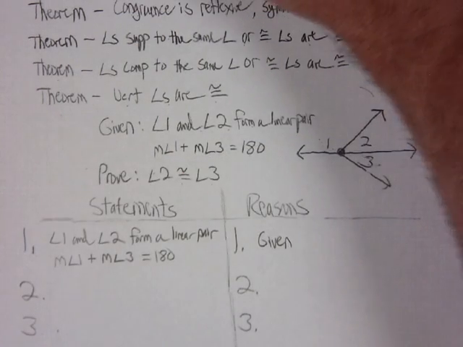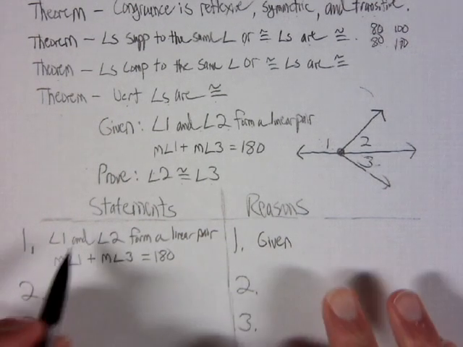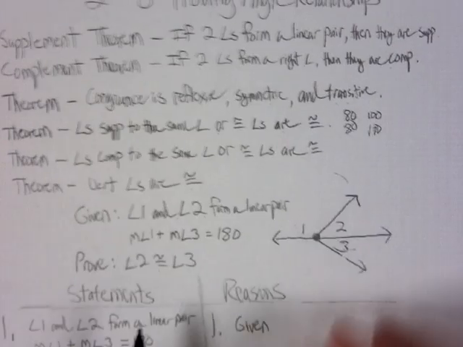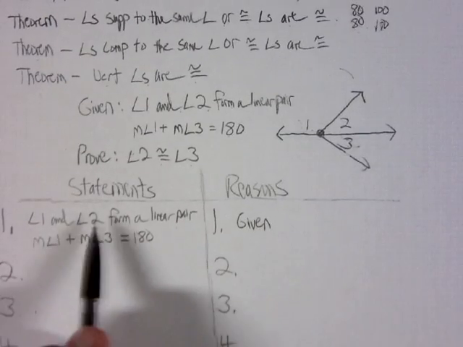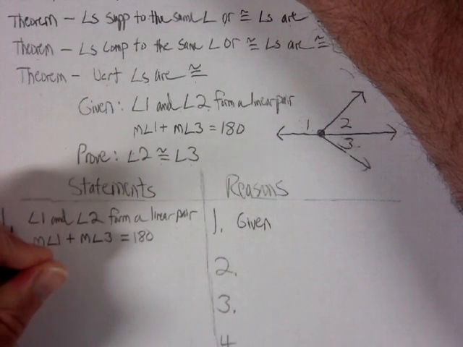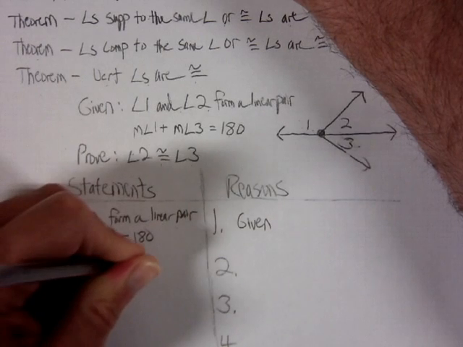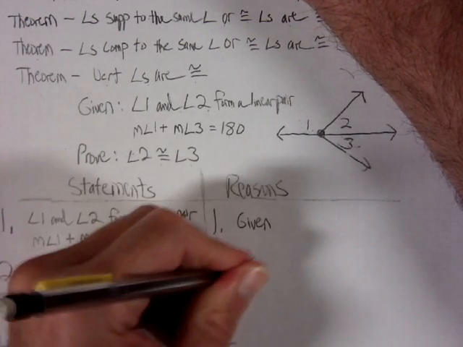Now the next step is to see if there's anything else you can get out of the given information. From the statement angle 1 and angle 2 form a linear pair, remember the first theorem that we looked at? If two angles form a linear pair, then they are supplementary. So the next thing I can get is that angle 1 and angle 2 are supplementary, and that's from the supplement theorem.